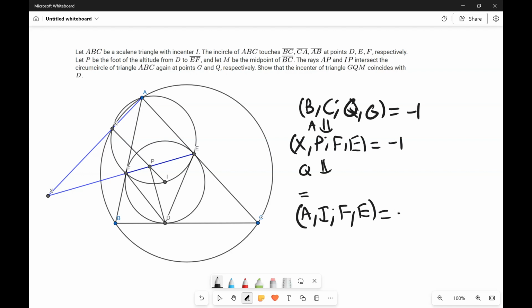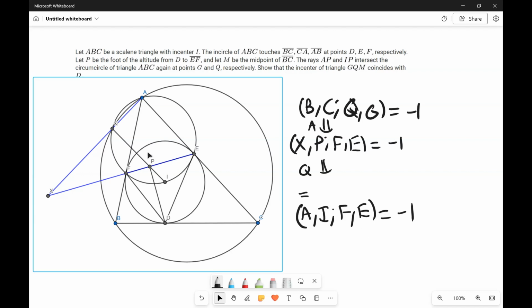We must show that this is -1. But this is clearly true because AEF is isosceles and I is the point diametrically opposite A on the circumcircle.